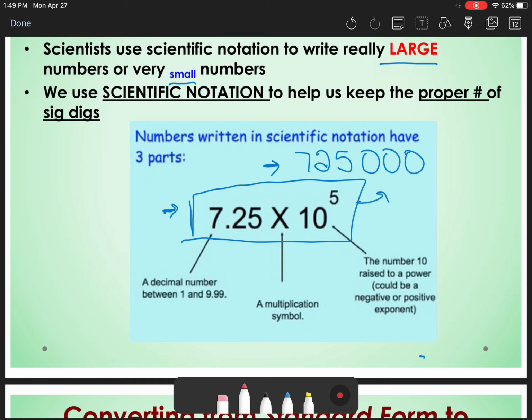You'll notice first, there's always a decimal number. The decimal is always after the very first non-zero digit. There's always going to be a multiplication symbol, and it's going to be written as times 10 to the power of something. Now this exponent or this power is allowed to be negative or positive, and I'll explain the difference for that in a minute.